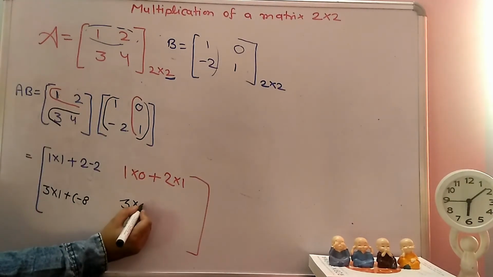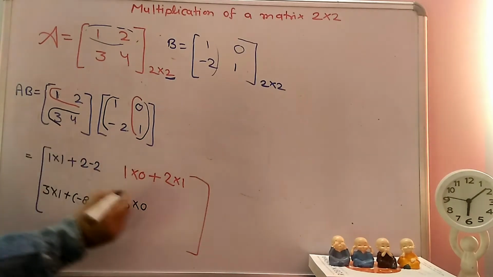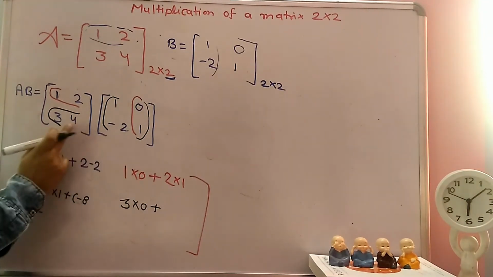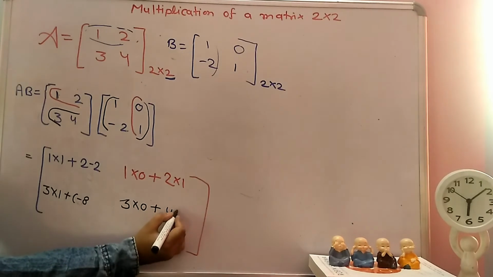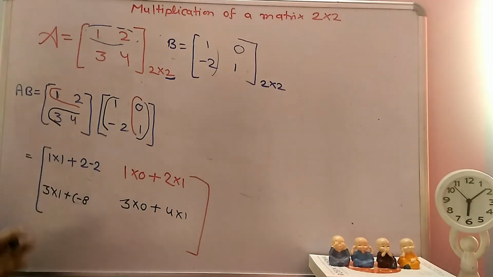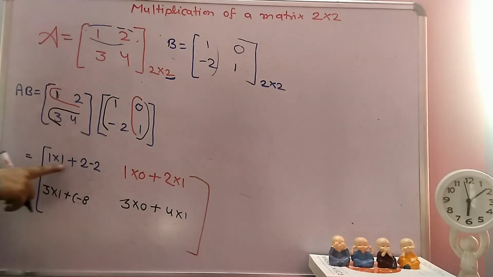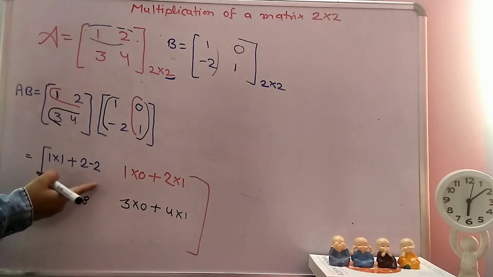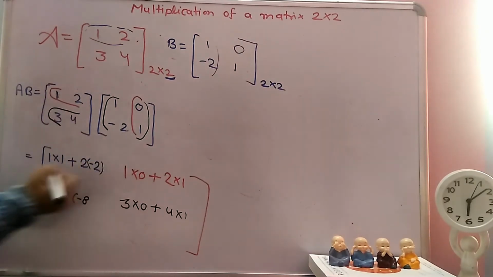Here write 3 into 0. We multiply and then we add 4 into 1. Okay. Now your matrix multiplication is complete. 1 into 1 plus 2 into minus 2.